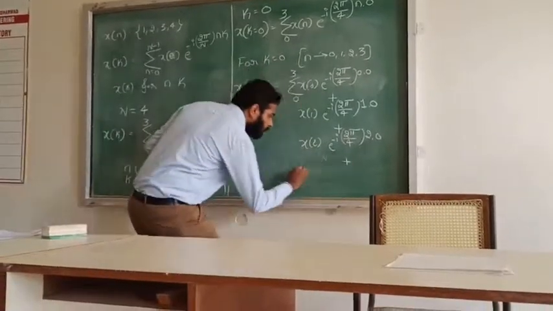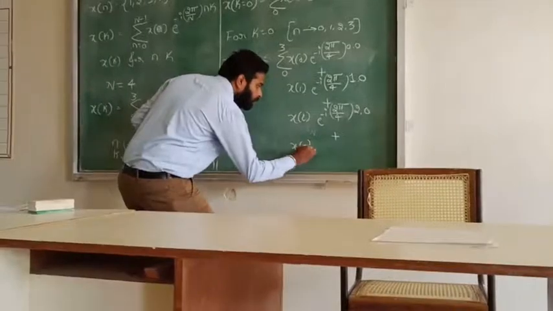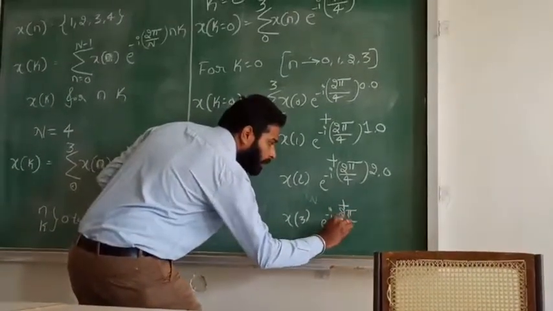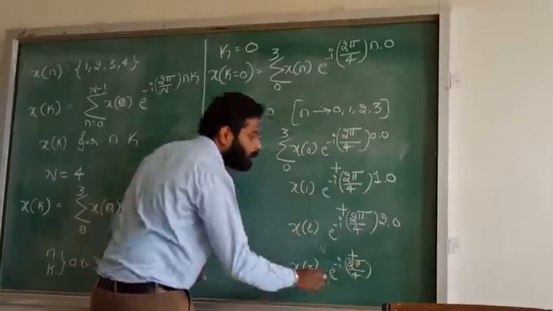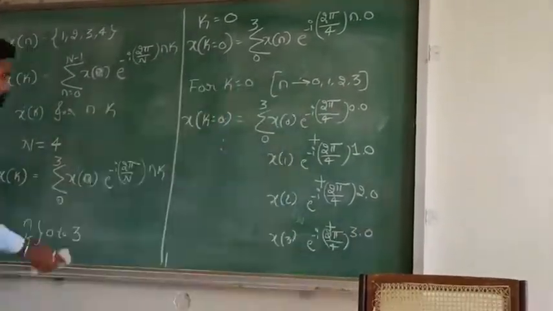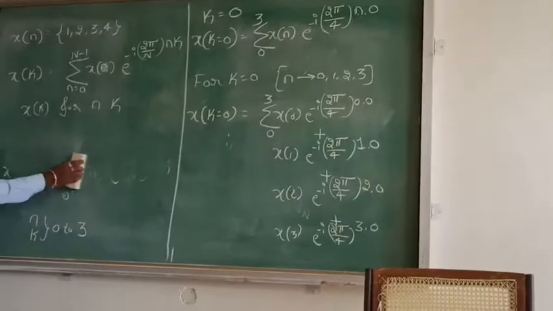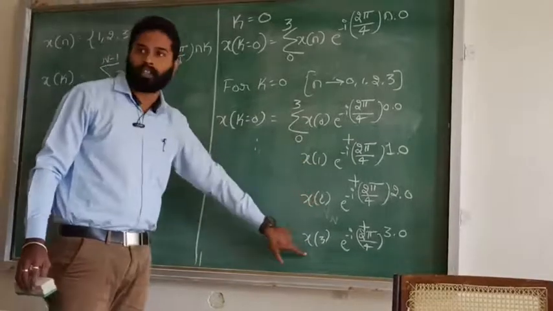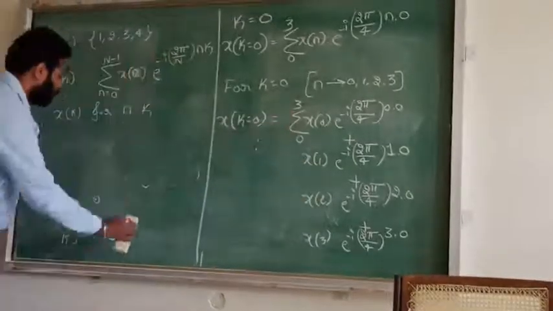Plus x of 3 e raised to minus i 2 pi divided by 4 into 3 into 0. Summation means addition.